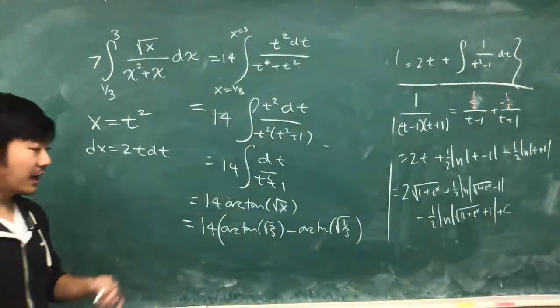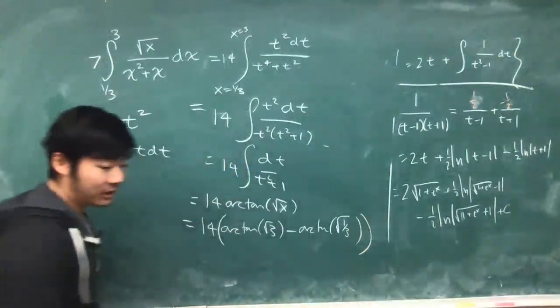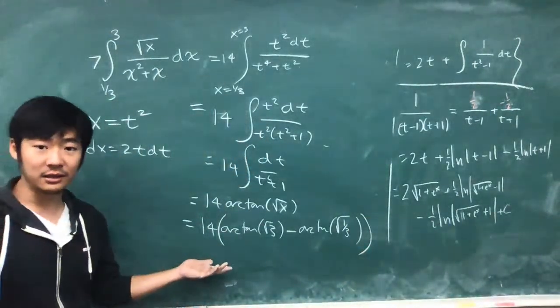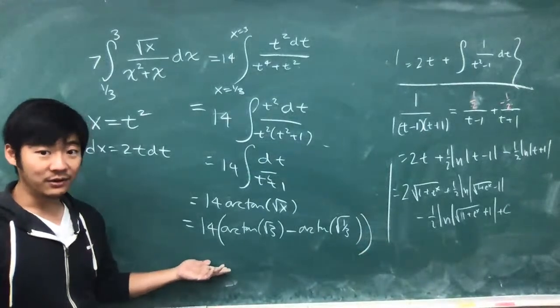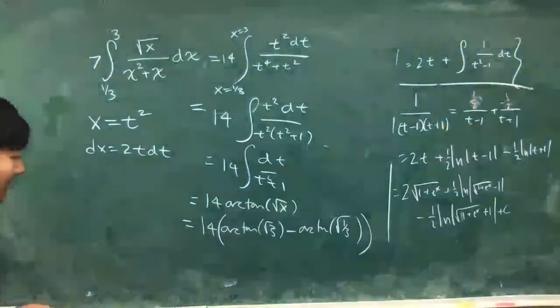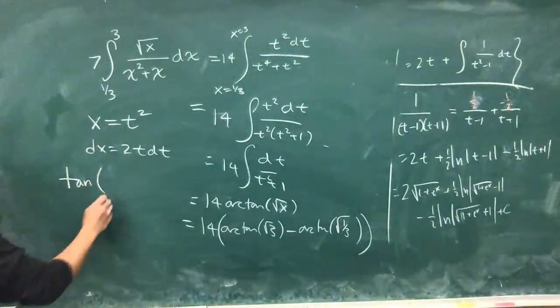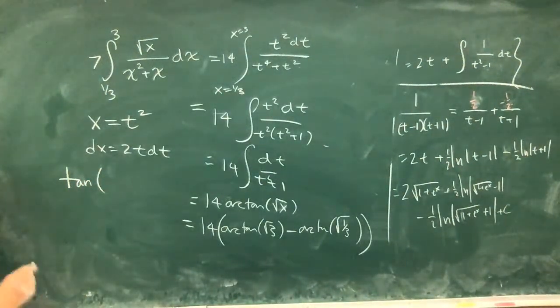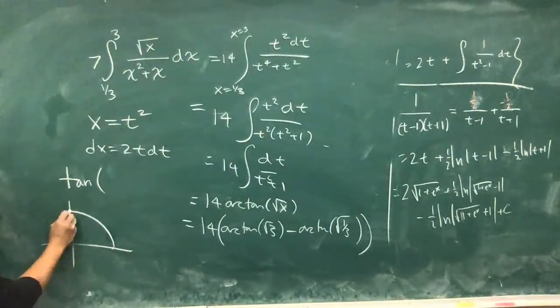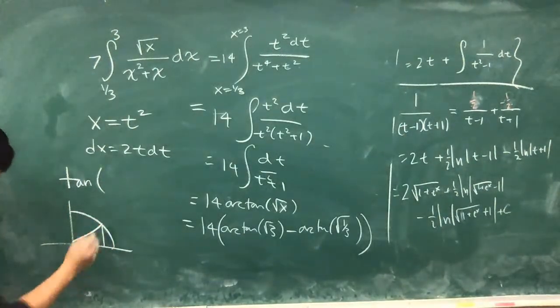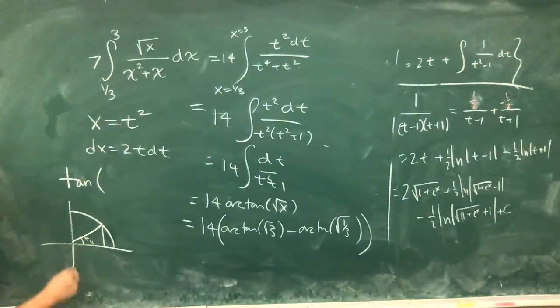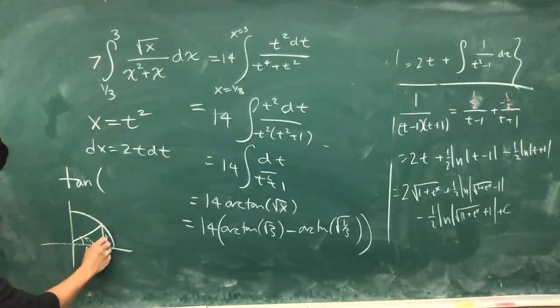I think that if you just plug this into WeBWorK like this, it'll accept the answer. But if you are a pro, then you would do something like this. So you know that tangent of, okay, maybe I'm not such a pro. So this is pi over 6, and this is going to be root 3 over 2 and 1/2.